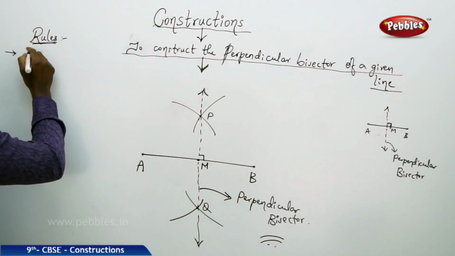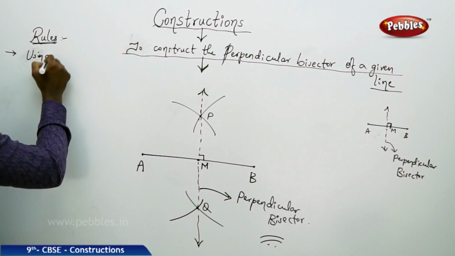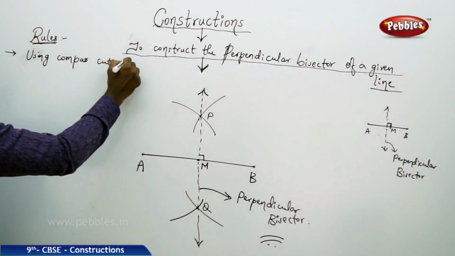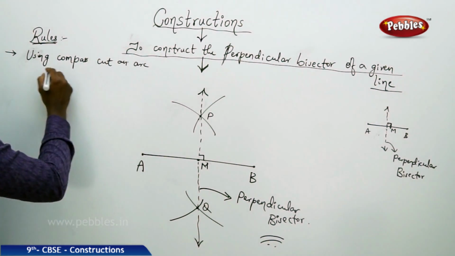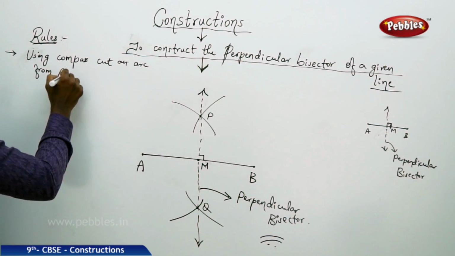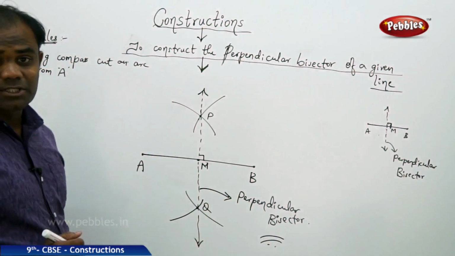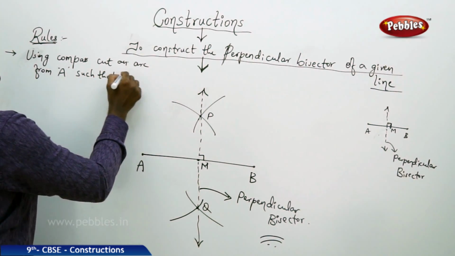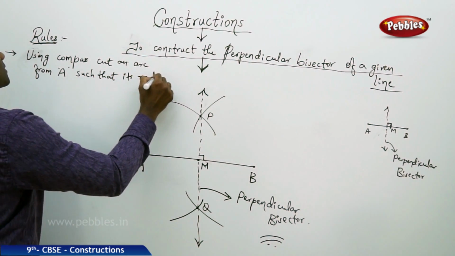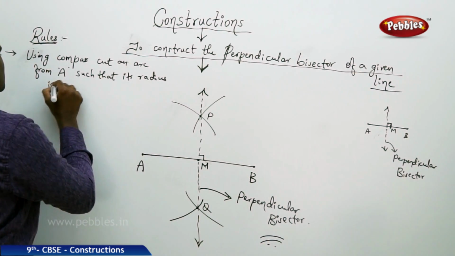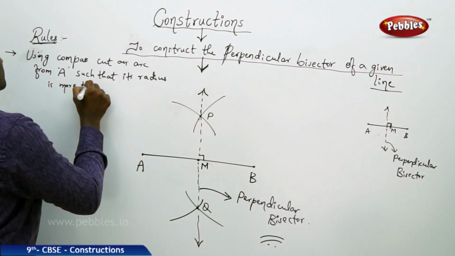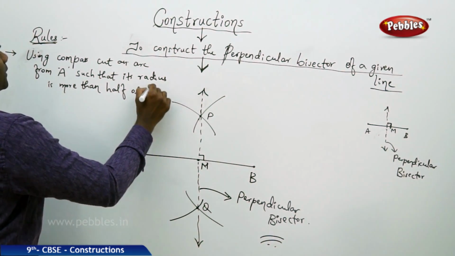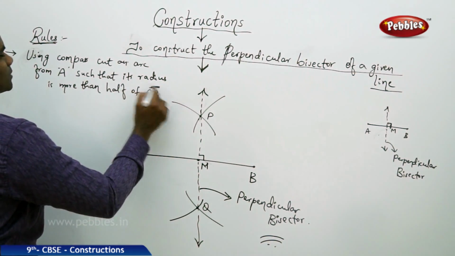Using compass, cut an arc from point A such that its radius is more than half of length AB. This is very important.